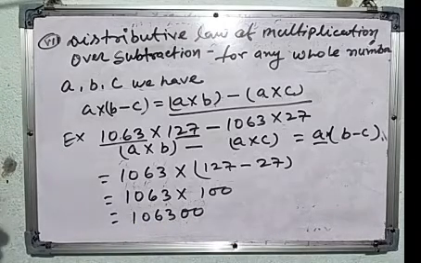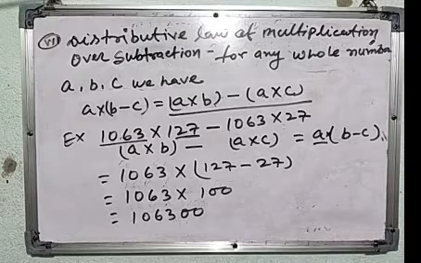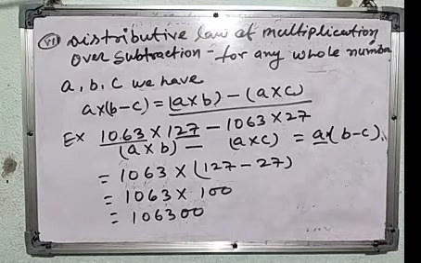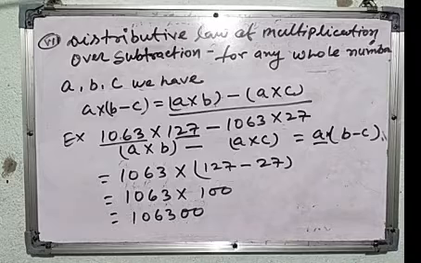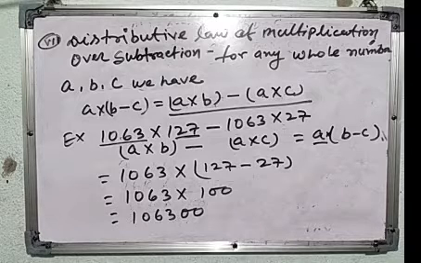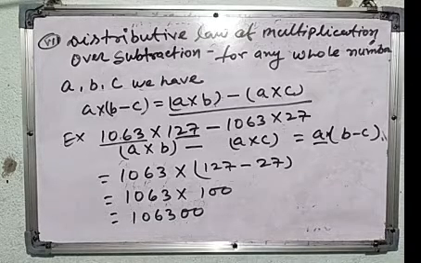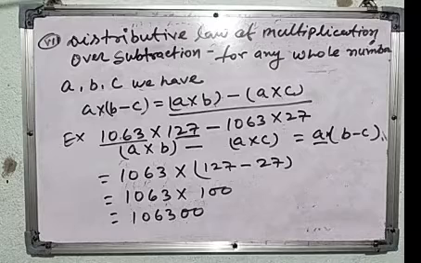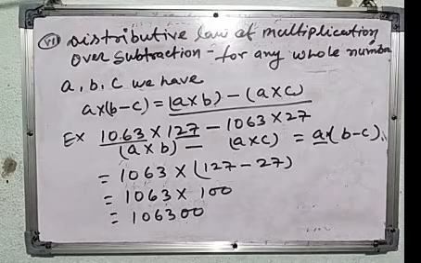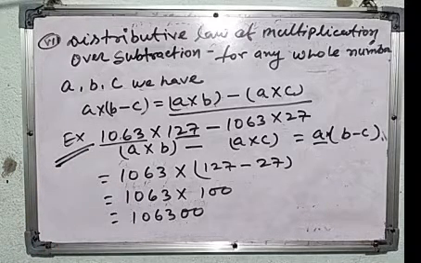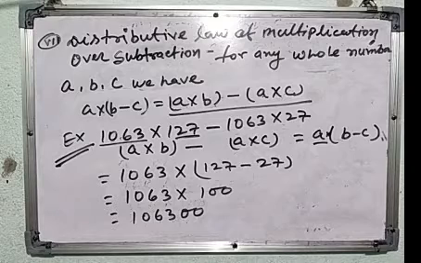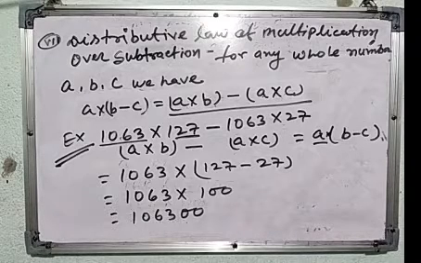So this law means multiplication over subtraction. If you have three whole numbers A, B and C, we write A into (B minus C) always equal to A into B minus A into C. For example, you take 1063 into 127 minus 1063 into 27.